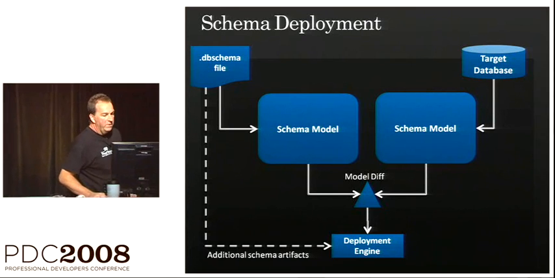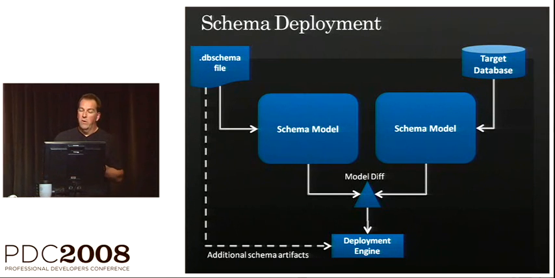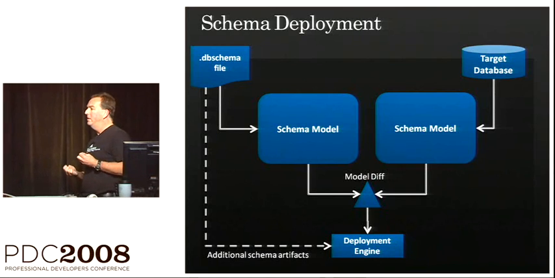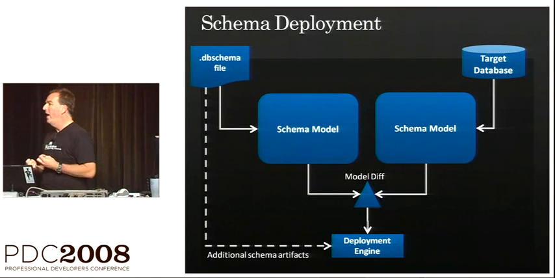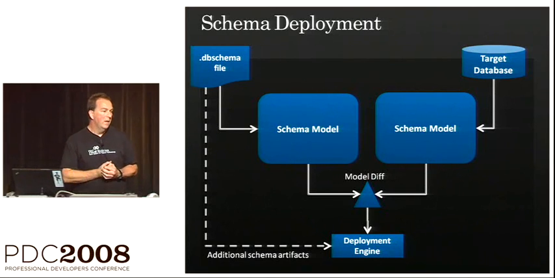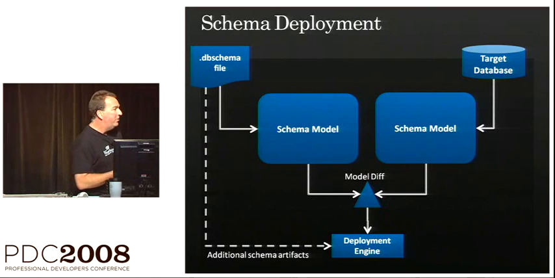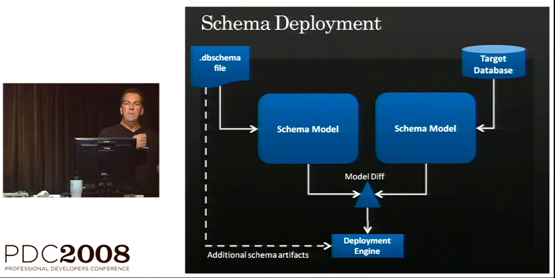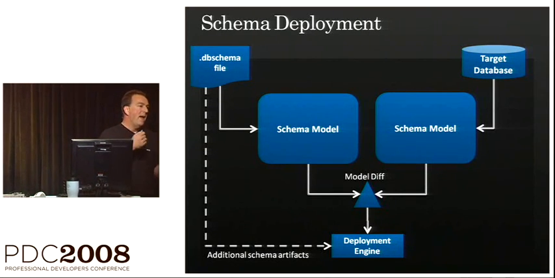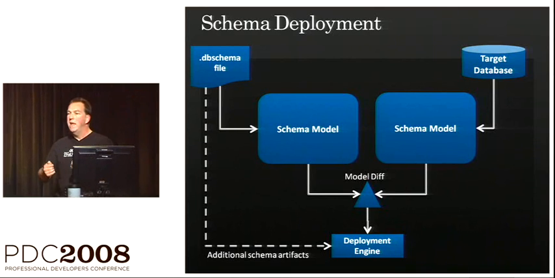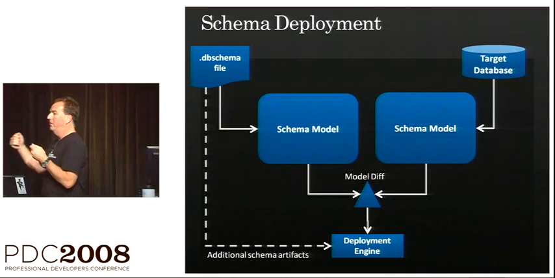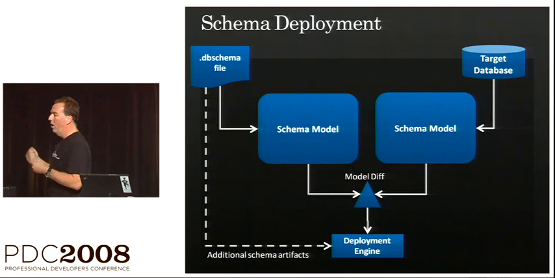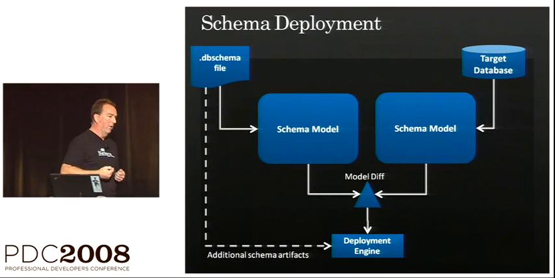This is where preservation of intent comes in, where we're helping the system through additional artifacts do the right thing. So we can feed in this information to the deployment engine to make certain that a rename is deployed as a rename, a move schema is deployed as a move schema, and an add drop column is deployed as an add drop column.